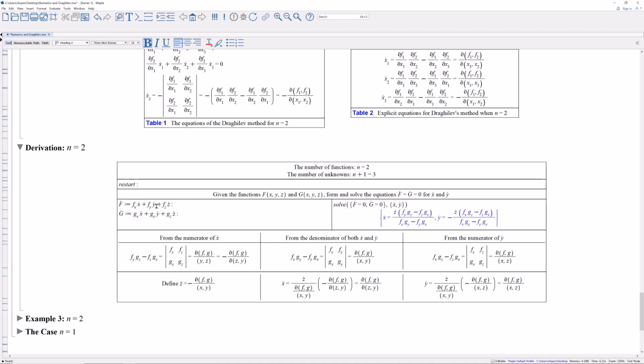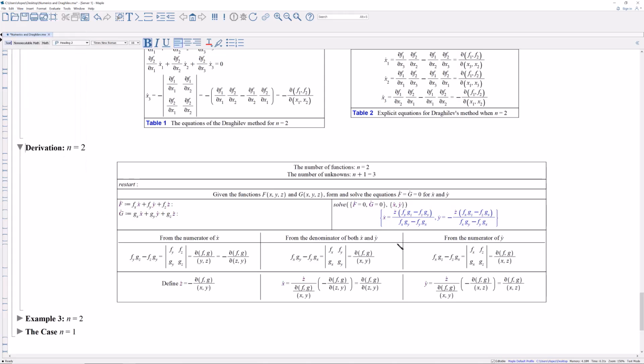And this is the chain rule, df/dx times dx/dt, etc. Now, there are a bunch of atomics going on here. These symbols, big F dot, big G dot, are just names for these equations, so I can refer back to them here in this solve command. And I want these to be my variables in this solve command, so they have to be atomic.